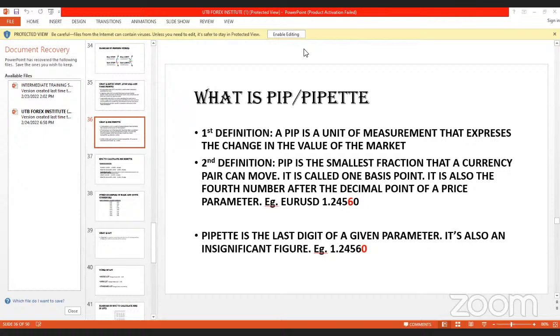Your entry point was the previous market price, 100, where you bought. Now it moves from 100 to 200. That means the current market price is 200. From where you entered to where the current market price is, it has made an extra 100 points. So that 100 points is seen as a PIP.